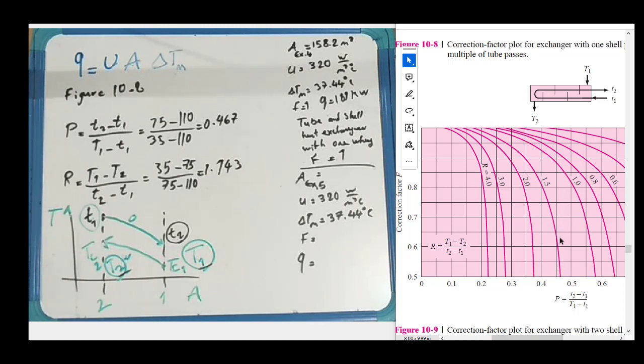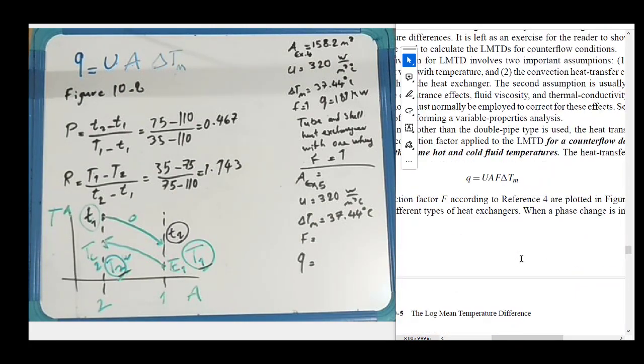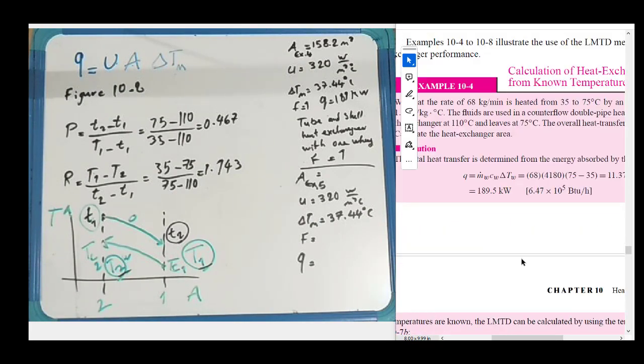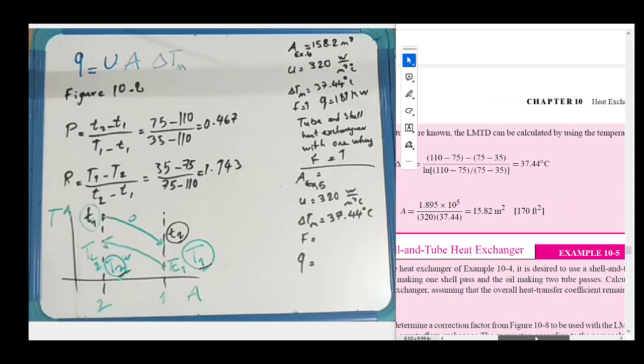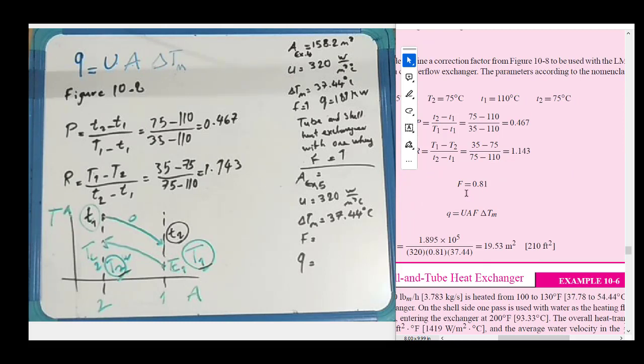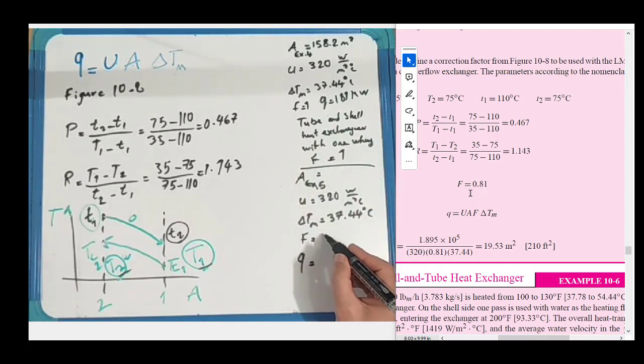Okay, so 0.46 is here. It will be around 0.82 or something like that. Let us see the parameter that the book chose, and we should make sure, yeah, it chose f equals 0.81.